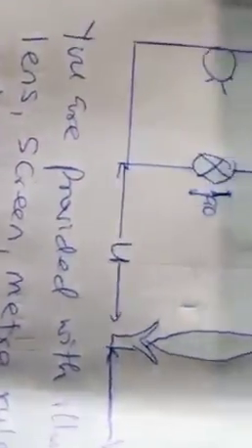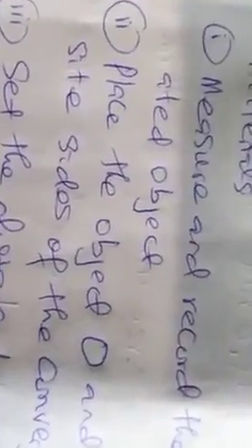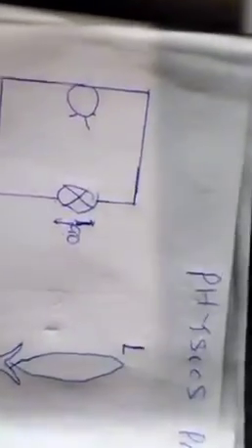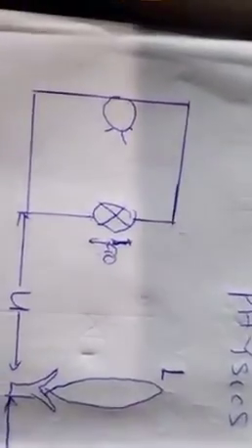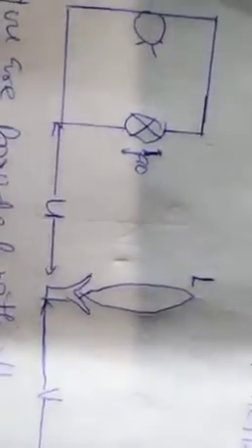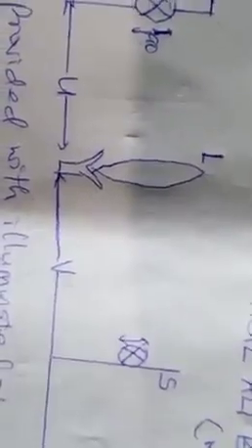That size AO, you can see there, is the diameter of the hole on the ray box. I place the object O and the screen S on opposite sides of the converging lens L. The object is your ray box, while the screen is on the other side. So the lens will be in between the object, the ray box, and the screen.